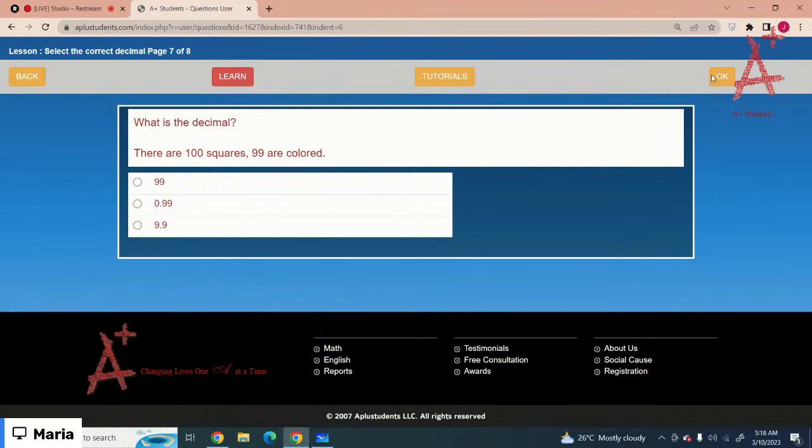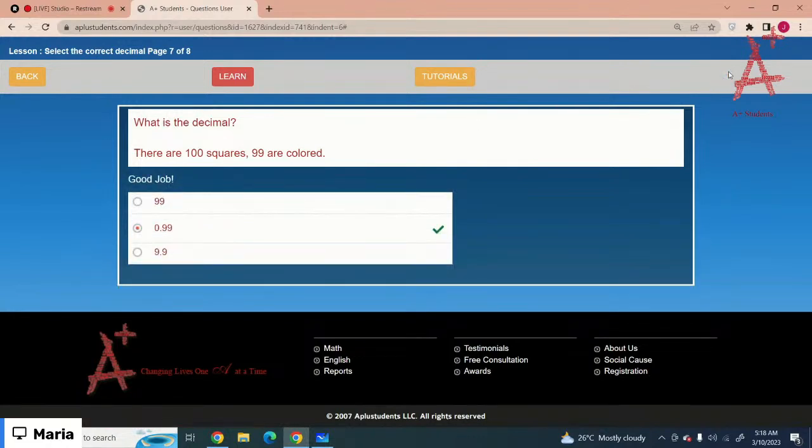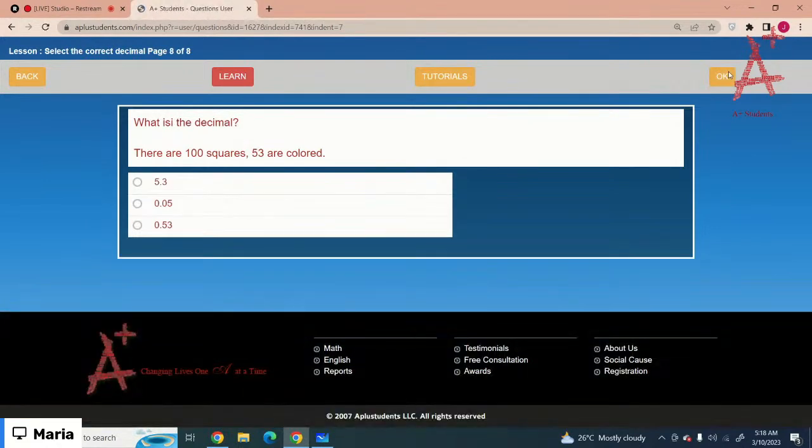So which is the correct option? It would be 0.99. Got it? Because 100 has two zeros, so the answer must have two decimal places. It would be 0.99.